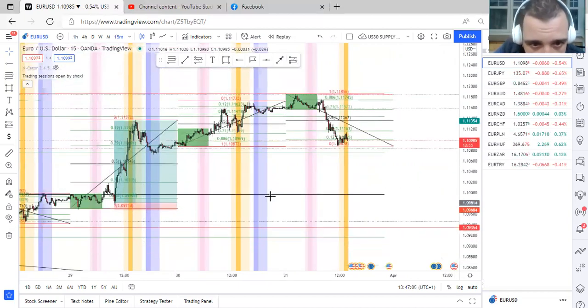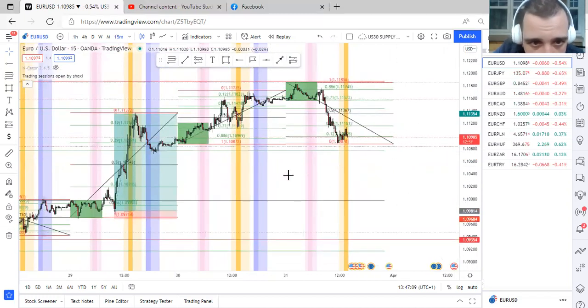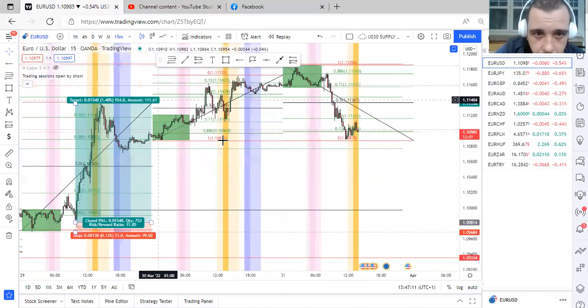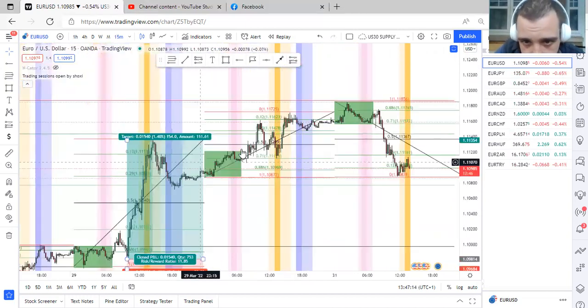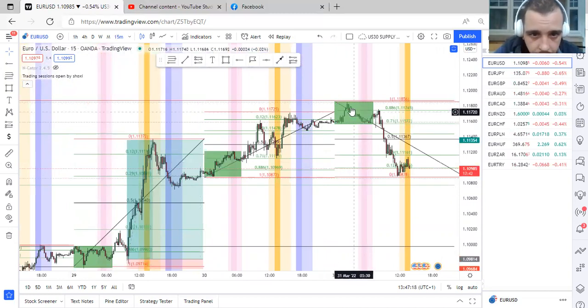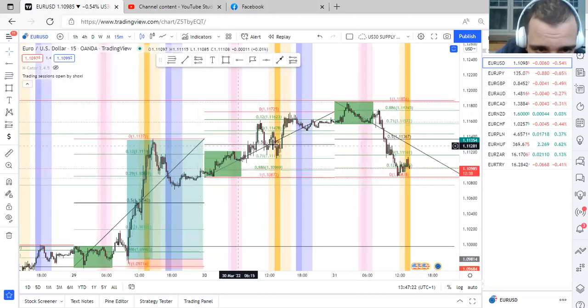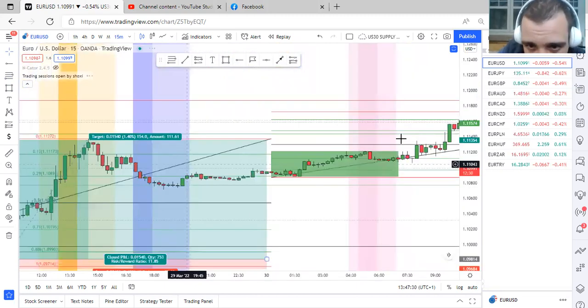And then there's a nice price flag on the way up. Made a new high. So this would be turn around there. Oh, what's happening?